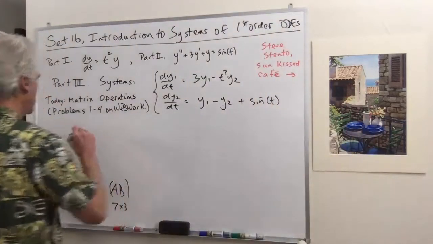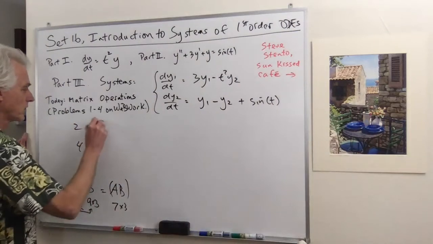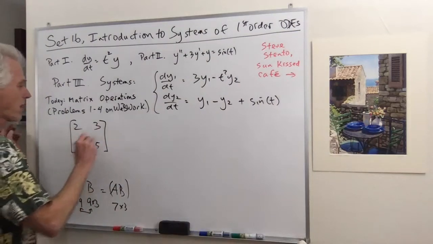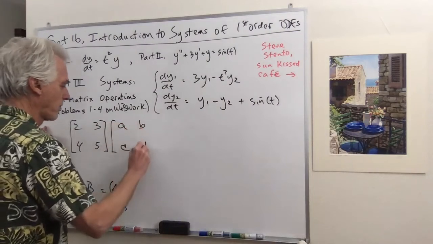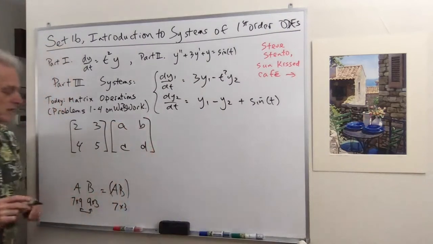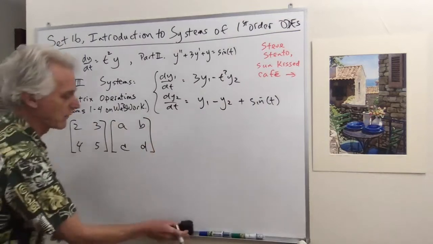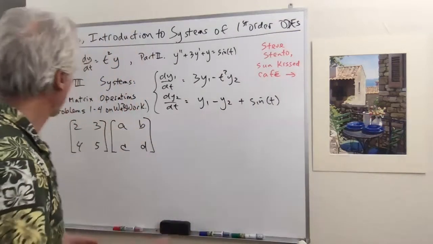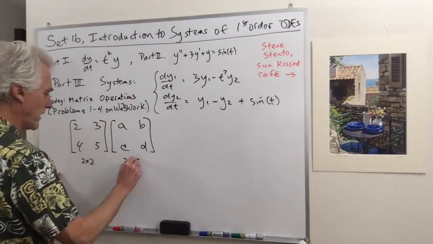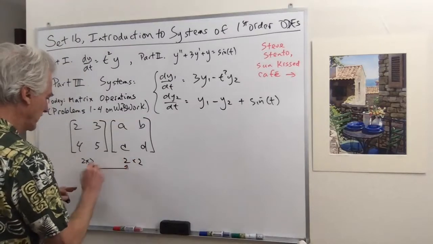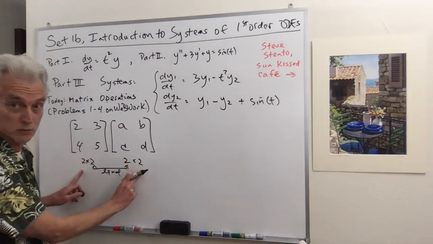So let's do these 2 matrices, okay? Now, can I multiply them together? Yes, this is a 2 by 2. This is a 2 by 2. Those are equal. So the result is going to be a 2 by 2.